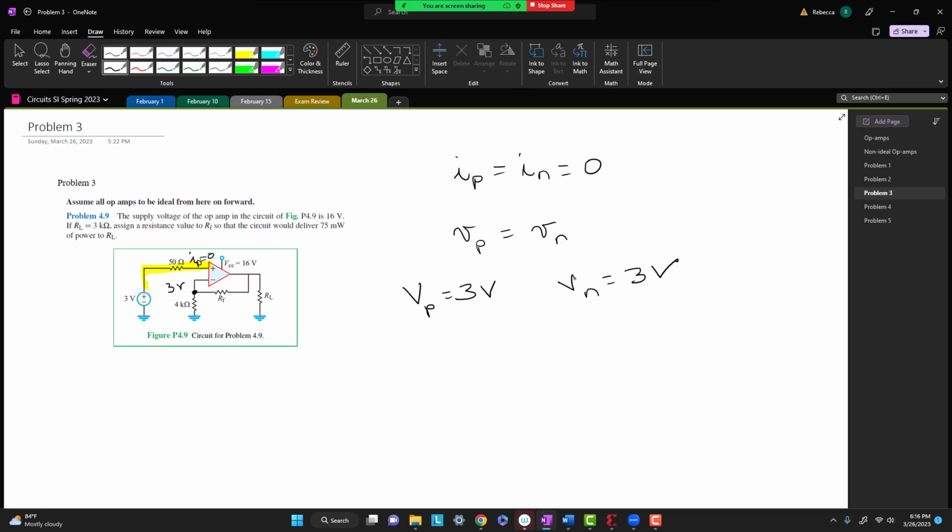We know as well, if I call this VO right there, and I look at this stretch right there, I'll draw it like this.